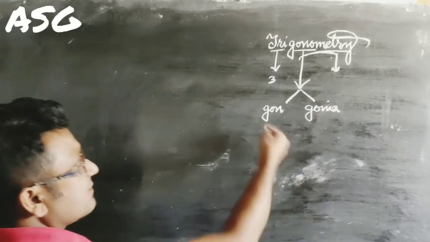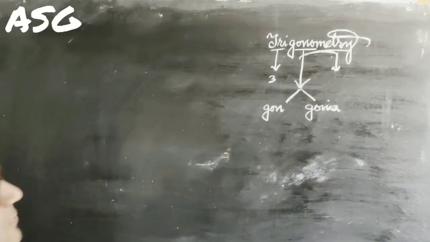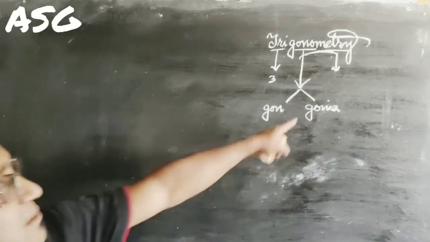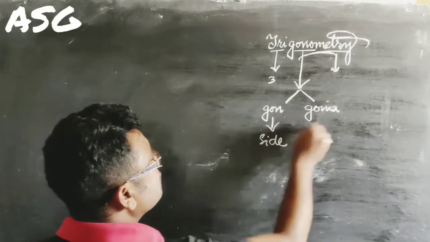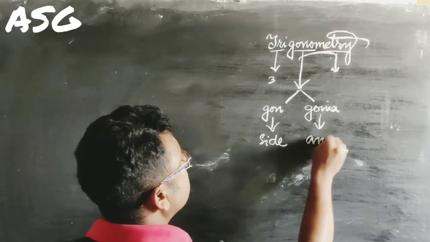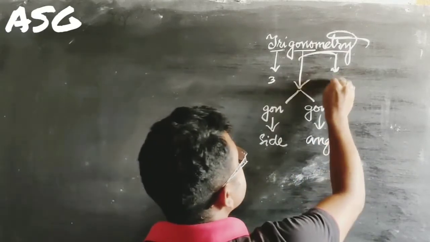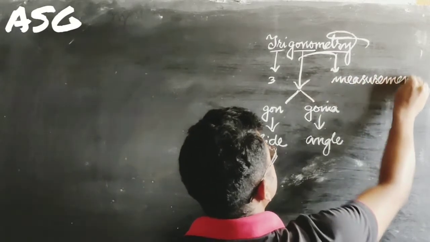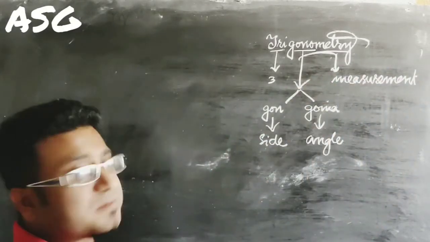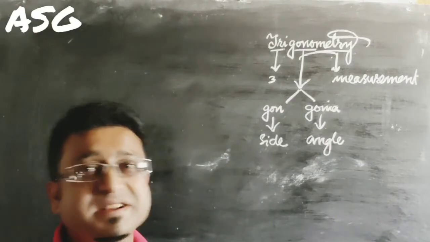Mathematicians disagree. Some agree that it is developed from gon, and some say it is developed from gonia. Gon means side, and gonia means angle, and metri means measurement. So basically it is the measurement of a three-sided figure. That means it is a triangle.